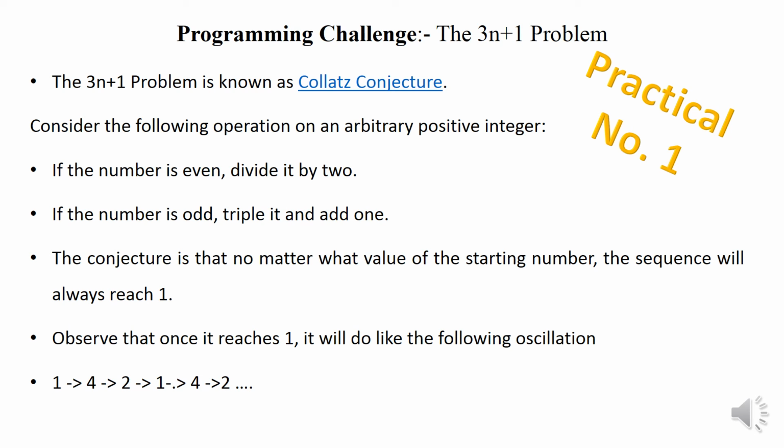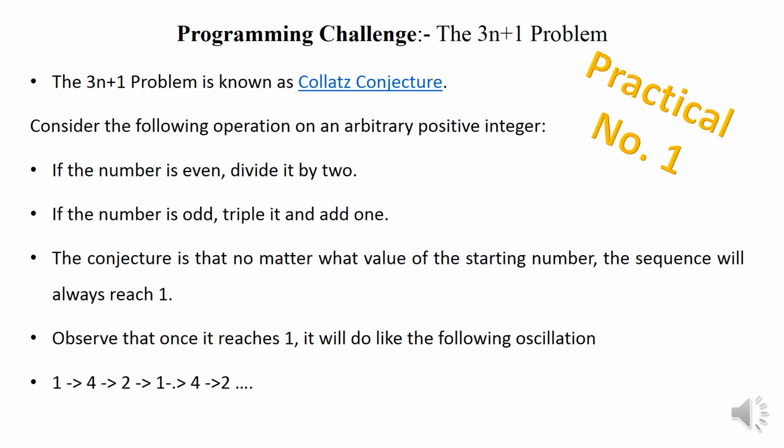So here n is 3, so 3 into 3 plus 1, that is the second condition if the number is odd. Then we find 9 plus 1, that is 10.